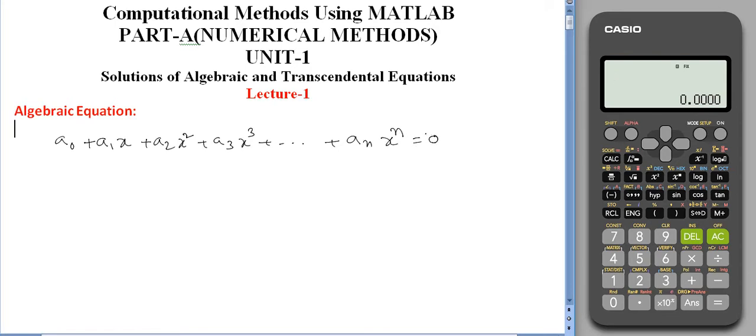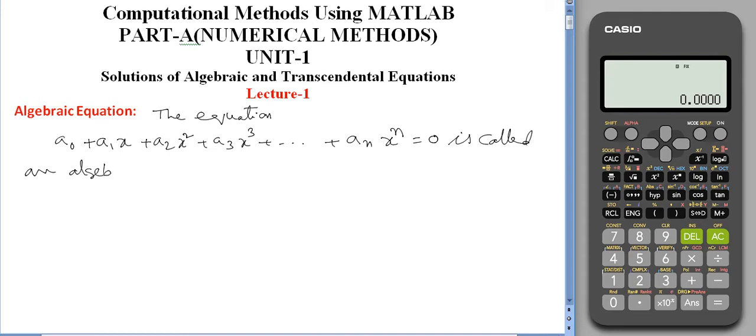equals 0. The equation a0 + a1 x + a2 x^2 + a3 x^3 + ... + an x^n = 0 is called an algebraic equation.